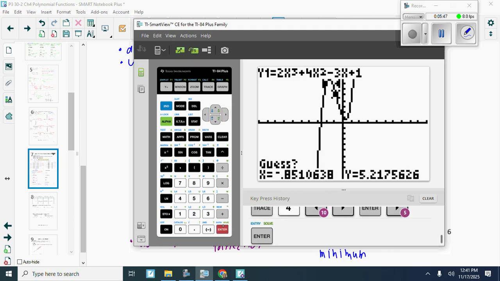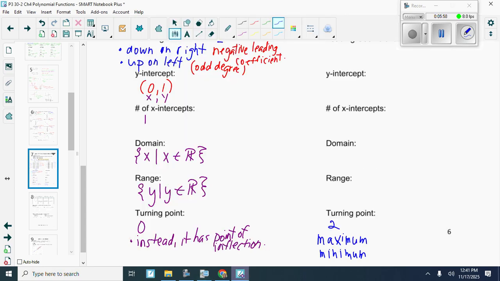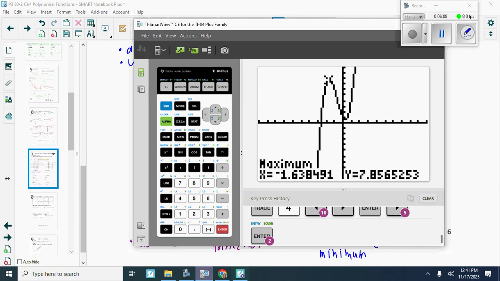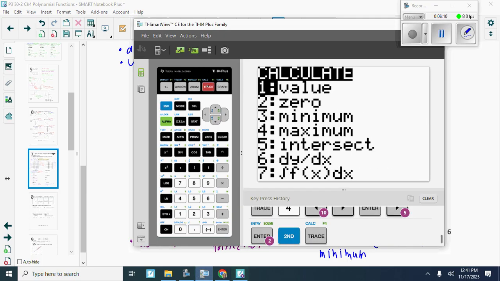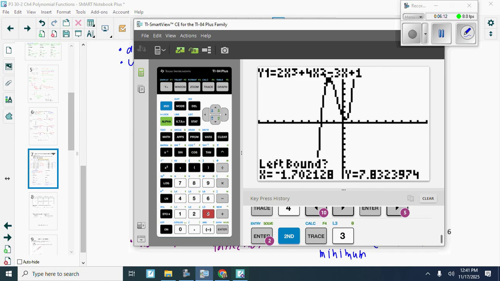Curve to the right. Okay, so make sure that you guys can do these. And you can round to the nearest tenth. So negative 1.6 and 7.9. Right? And then we're going to do the same thing, second trace, and then do the minimum.